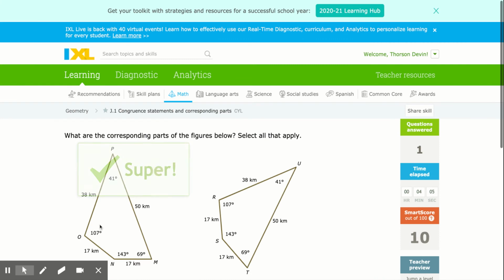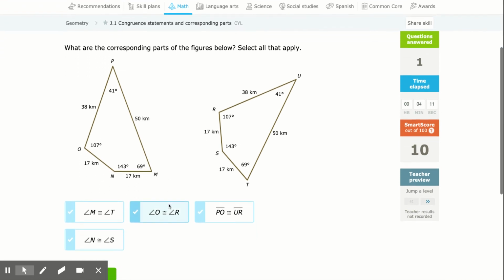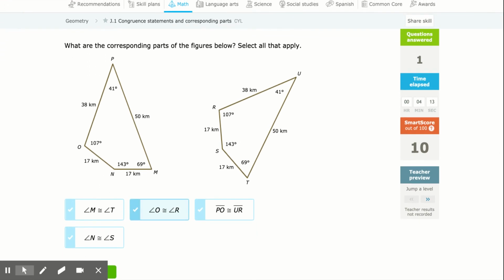And every problem in here is going to be very similar to this. Instead of asking which ones are congruent, it just says what are the corresponding parts. So again, you need to look at the image and match up corresponding angles and corresponding sides. They have to be in the same position with respect to the figure and the same measure.